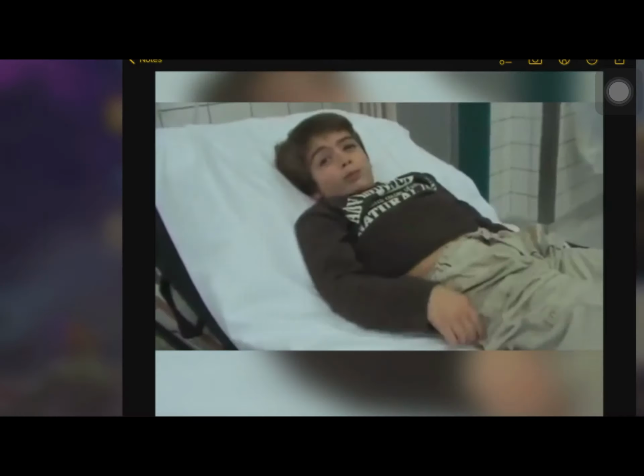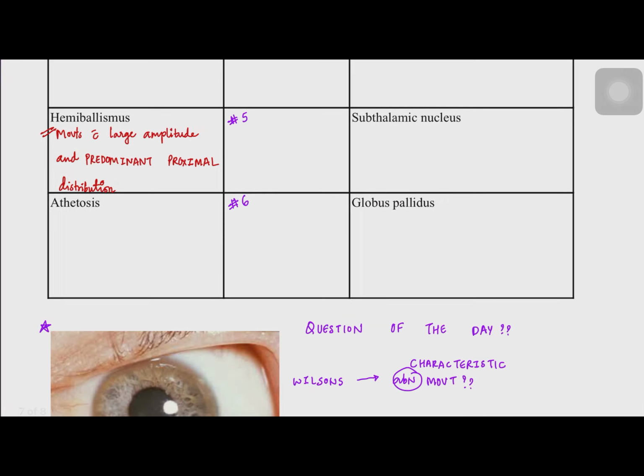We'll see the video graphics of hemibalismus. Here we can see the predominantly proximal distribution of the movements, dance-like, involuntary movements. The lesion in hemibalismus is seen in the subthalamic nuclei.